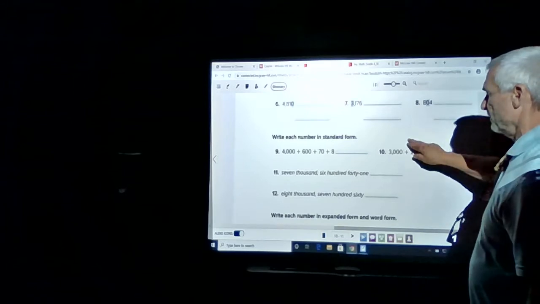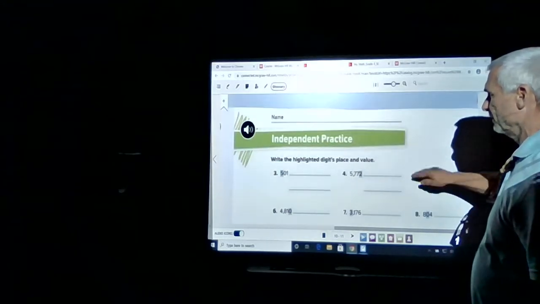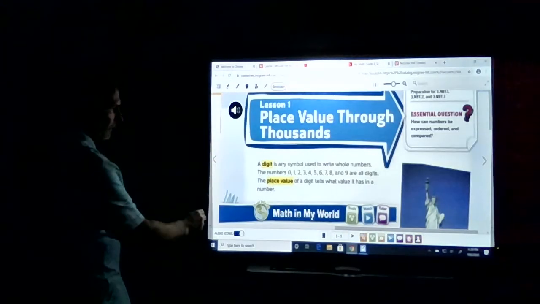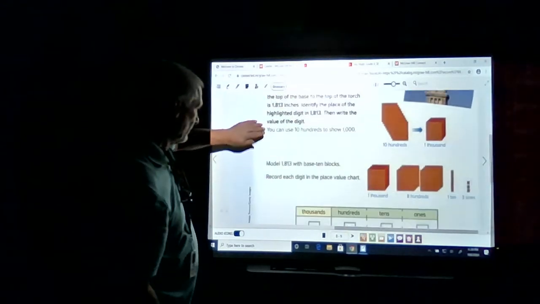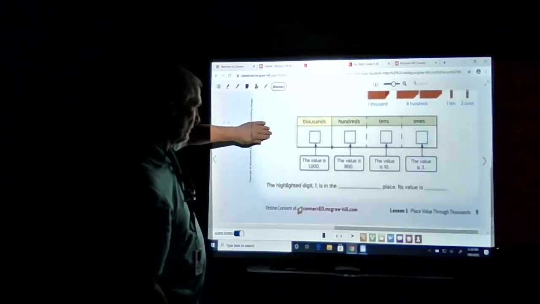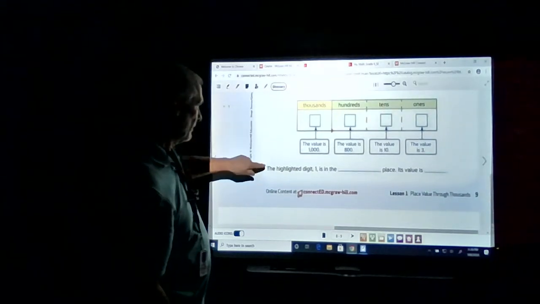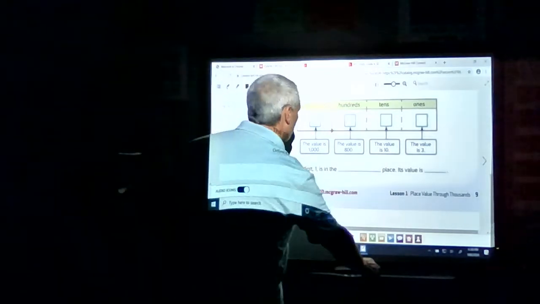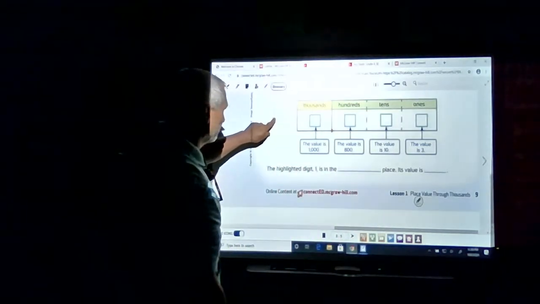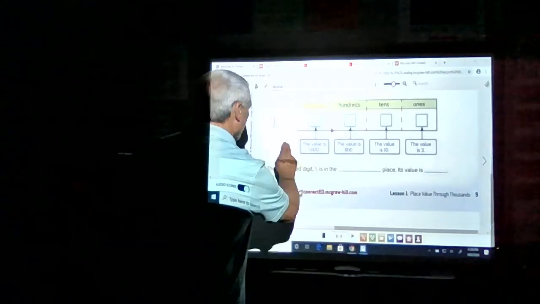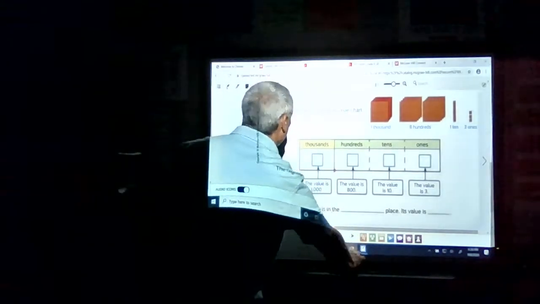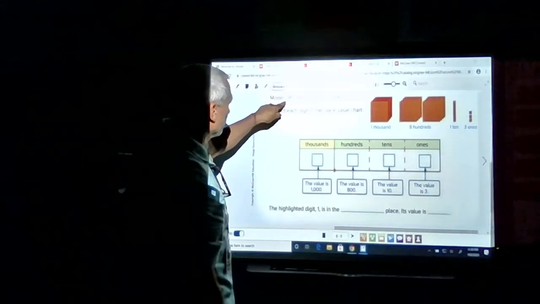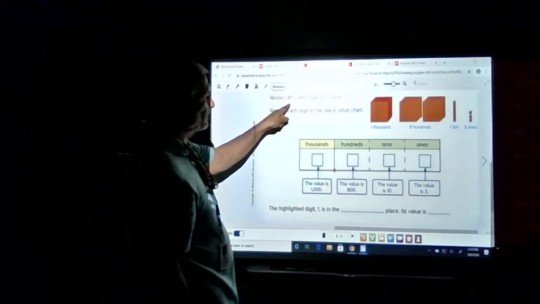We'll slide this down, and now we have, I'm sorry, I'll go back to 1. The highlighted digit 1 is in the what place then? Whoops. Slide that down. Grab my pen too early. Here's the number, 1,000. We say 1,000 when we see the comma.